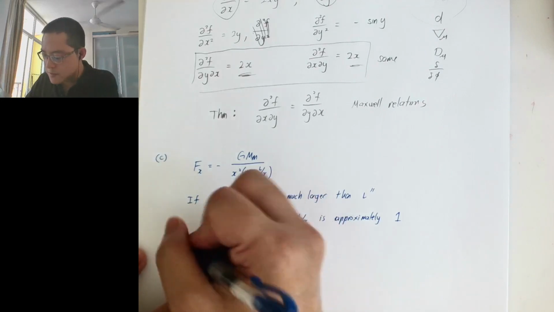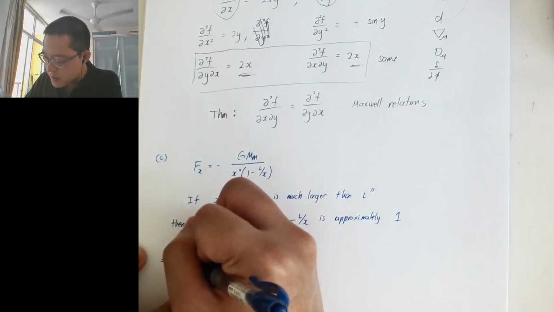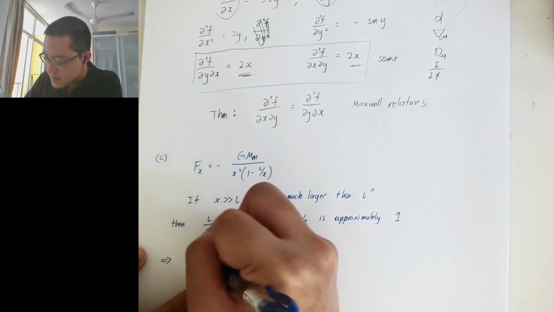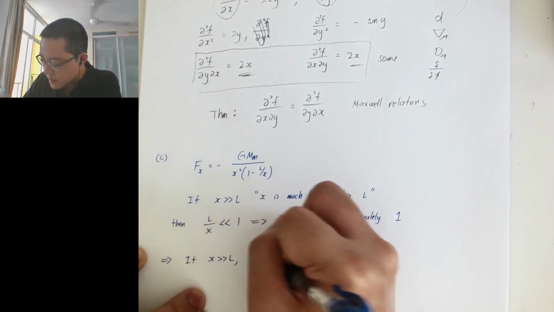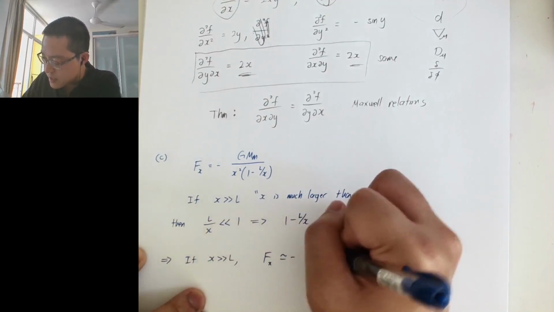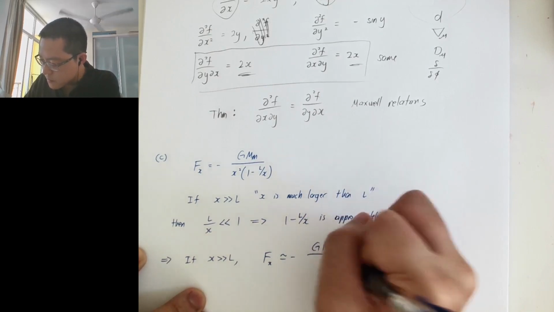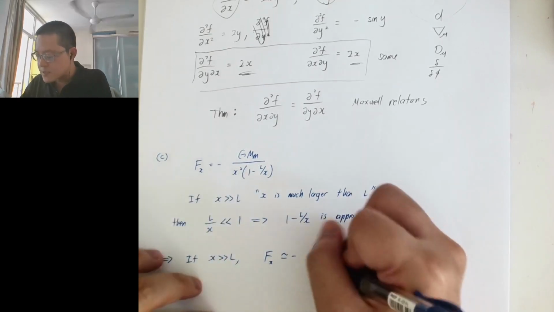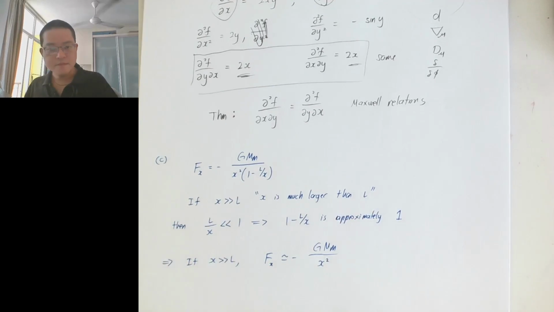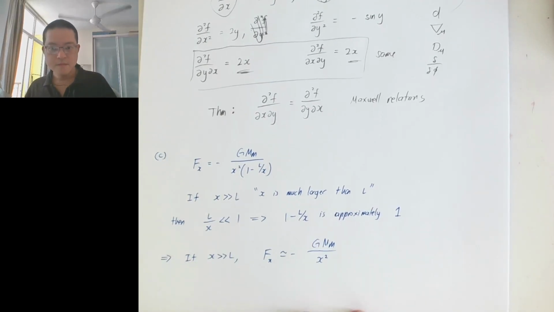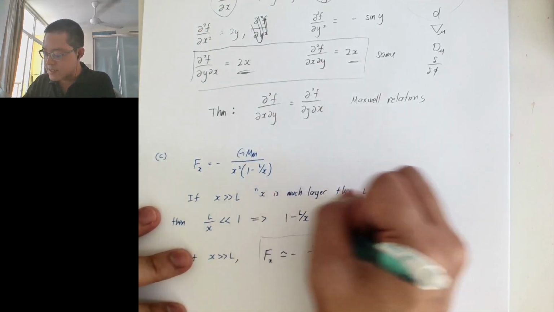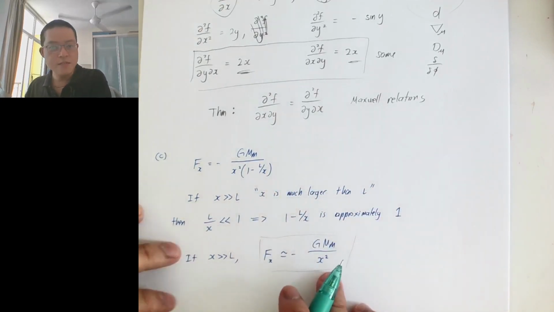So therefore, in other words, if X is much larger than L, then Fx is approximately GMm over X squared, since this thing is almost like 1. And this is back to Newton's law.